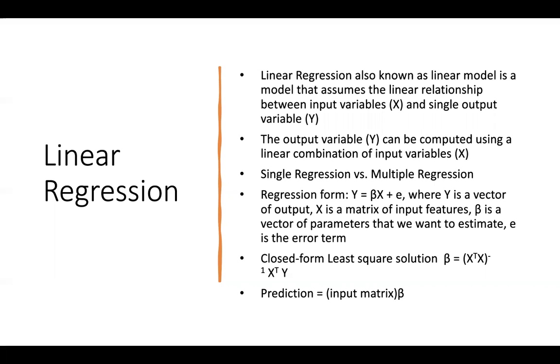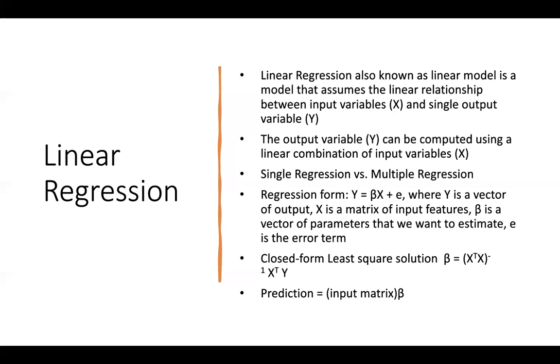There are two types of linear regression: single regression and multiple regression. In our case, we use multiple regression because we have multiple features. Regression can be written in the form y equals X beta plus e, where y is a vector of output, X is a matrix of input features, beta is a vector of parameters that we want to estimate, which means the coefficients, and e is the error term.